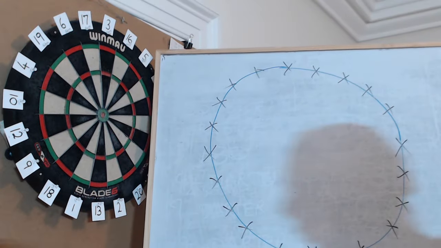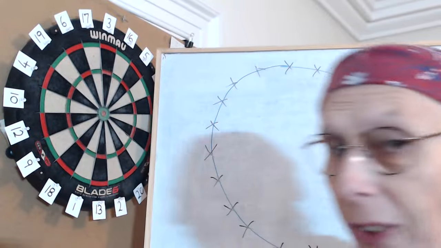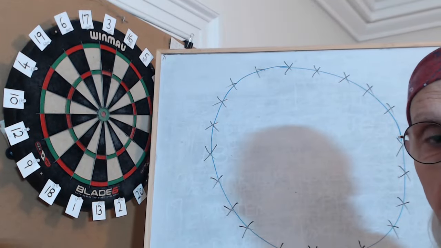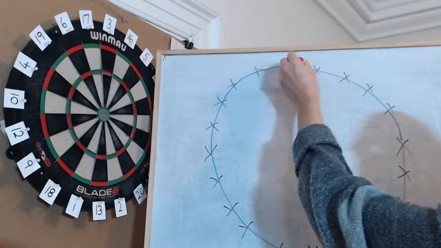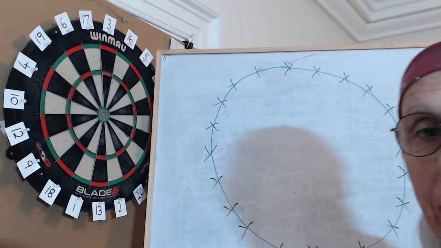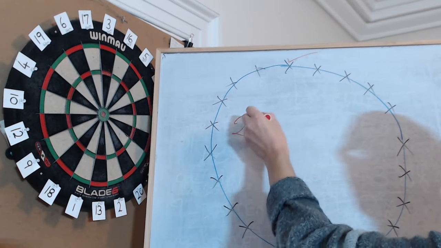Okay, so 20 in all. And in Darts26, the way we set it up, we just choose a number at random to go in the top place. So let's say we've filled the top place. How many ways are there of doing that? There's 20 ways of doing it.